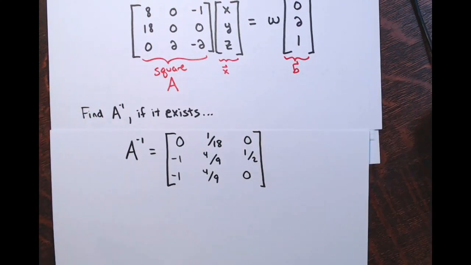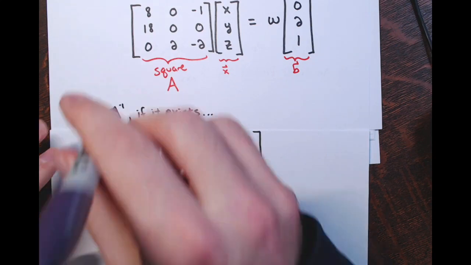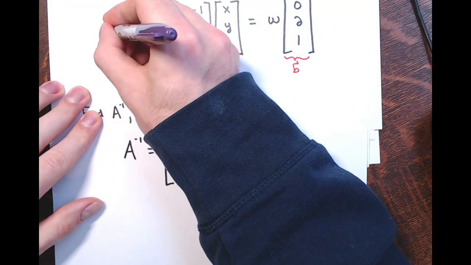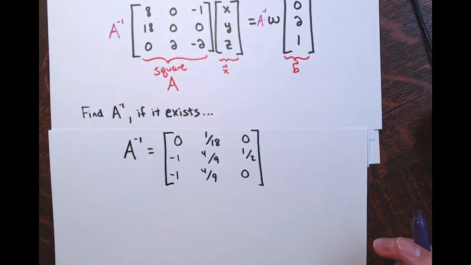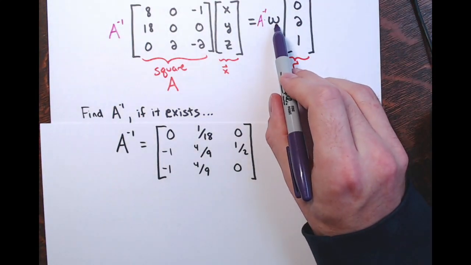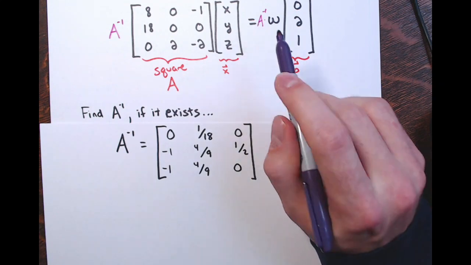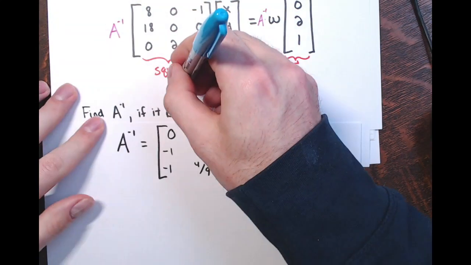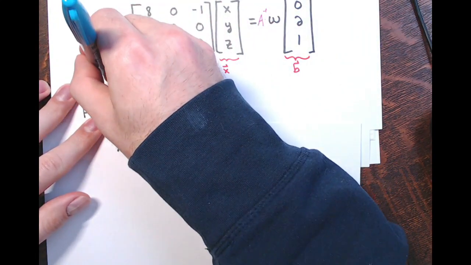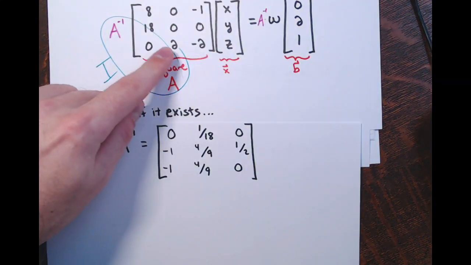And then I'm going to multiply both sides on the left by this A inverse. Now W is just a number. Remember, W is just some coefficient. So I can pull the W out front, and we get the following. When you multiply A and A inverse, that's going to be the identity matrix, so those are going to be gone.